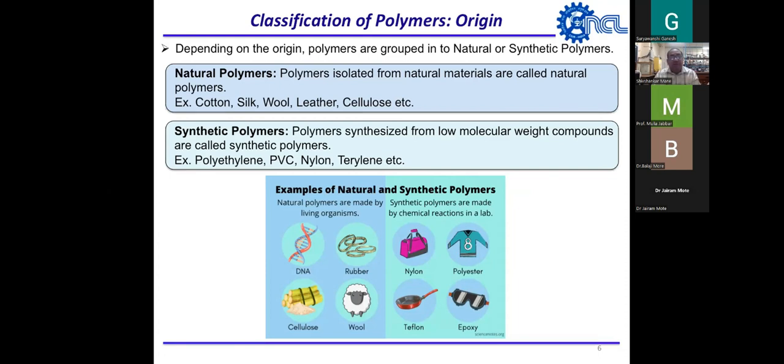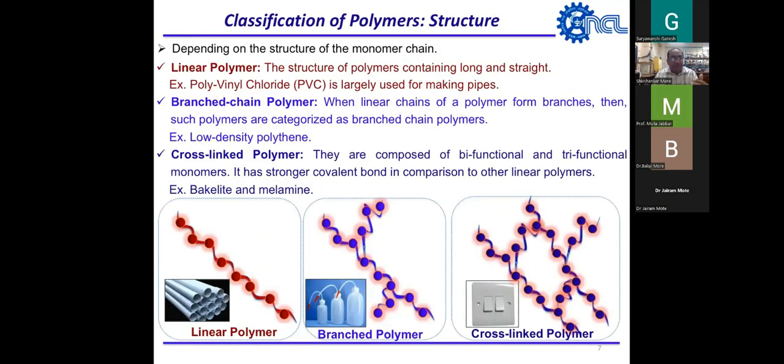Another class of polymers is based on structure. Based on the structures, there are three classes of polymers: linear polymers, branched polymers, and cross-linked polymers. In a linear polymer, the structure of the polymer is straight, long chains.